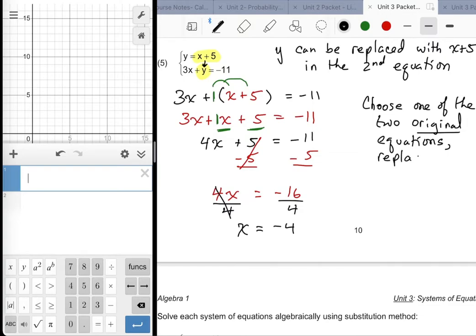Replace x with a -4 and solve. So you choose one of the two original equations, replace x with a -4 and solve. I'll explain in a little bit why I put a box around the x and a -4.